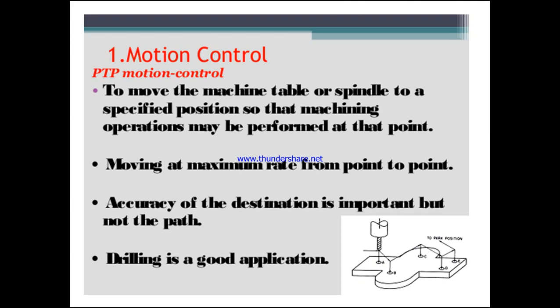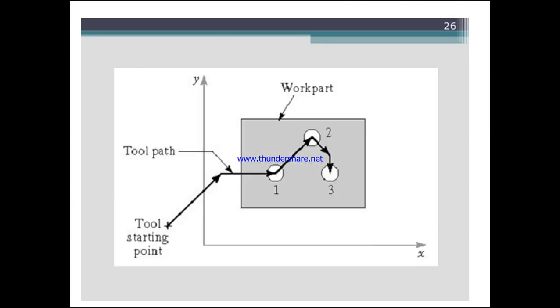Drilling is a good example for motion control by using point-to-point control. So the point is very important, the tool path is not important. The movement goes from point 1, 2, 3, from one point to another point, the starting point is taken as 0 and it goes on moving here.